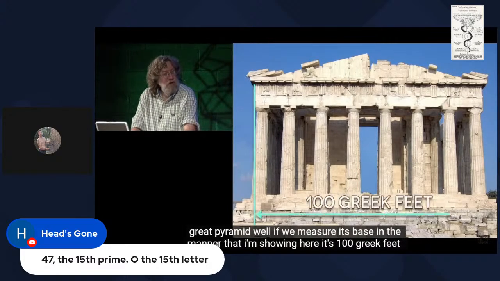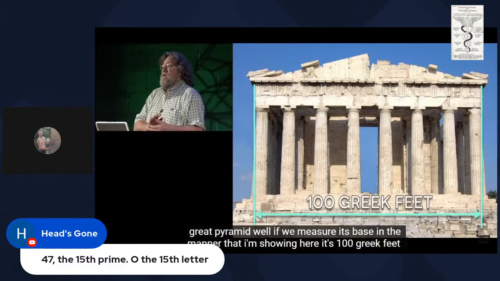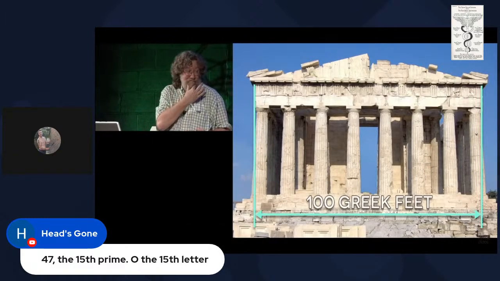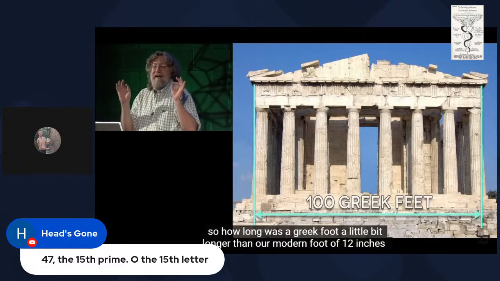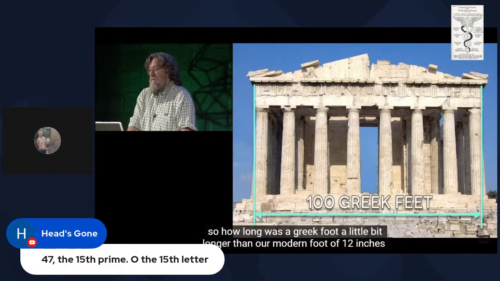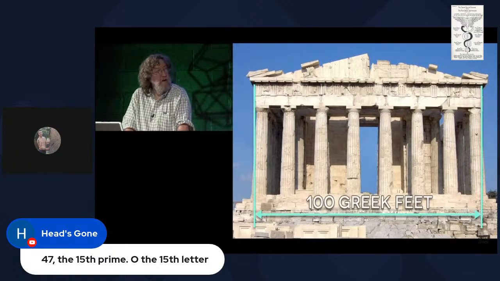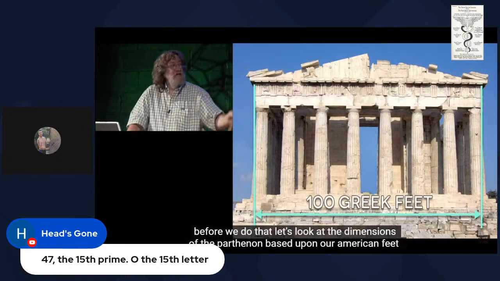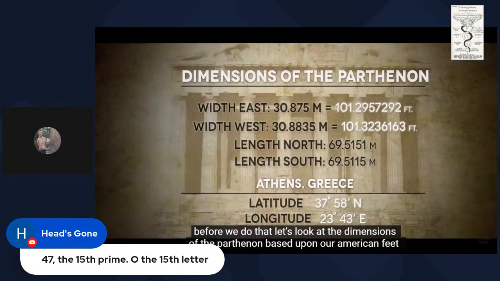Well, if we measure its base in the manner that I'm showing here, it's 100 Greek feet. So how long was a Greek foot? A little bit longer than our modern foot of 12 inches. Before we do that, let's look at the dimensions of the Parthenon.